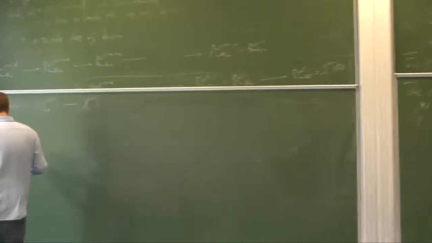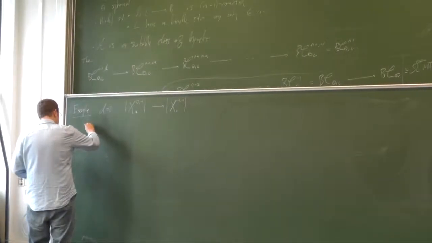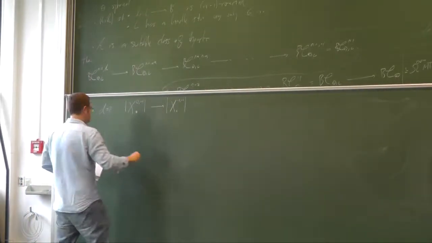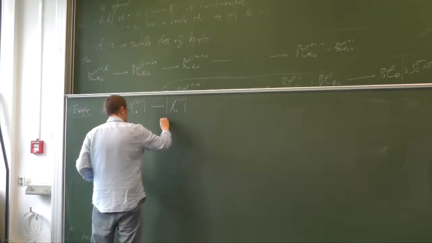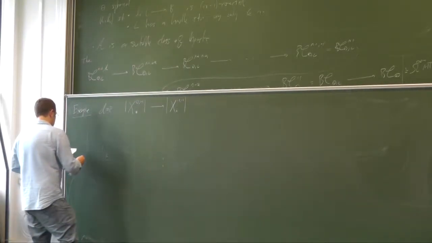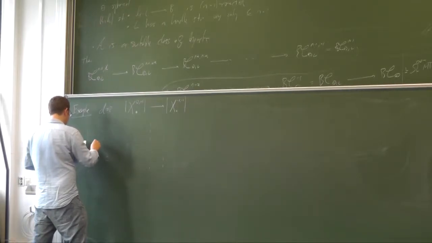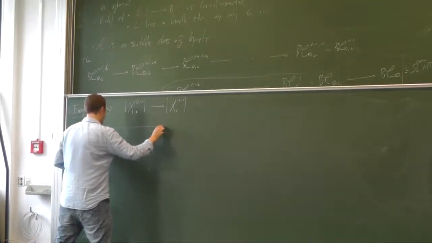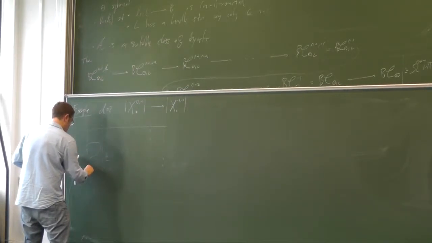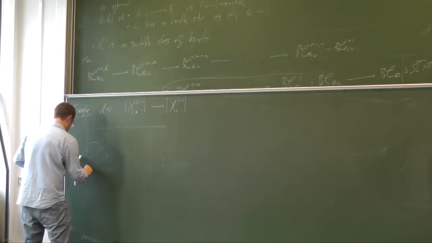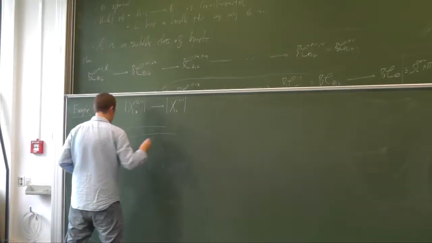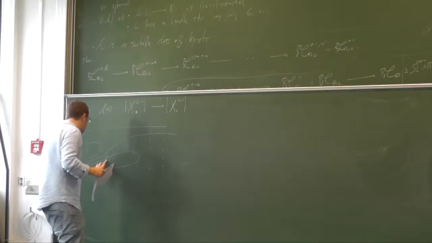And in order to do that, let me just draw a smaller picture. And suppose I just have two intervals, and let me suppose that the failure is of this form. Okay?